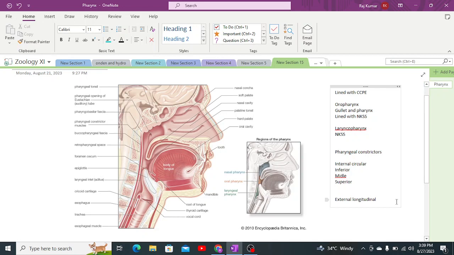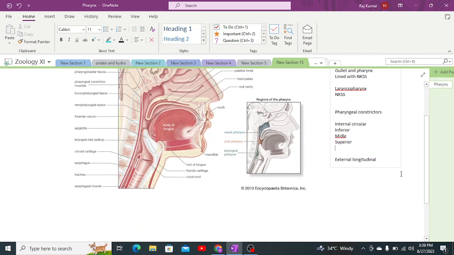These are the constrictors present in the circular pharyngeal constrictors, and in longitudinal pharyngeal constrictors there are stylopharyngeal, salpingopharyngeal, and palatopharyngeal constrictors.